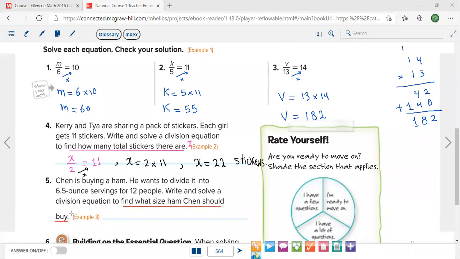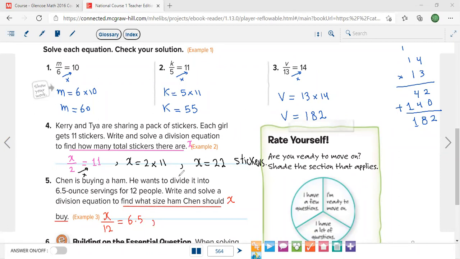This is our variable, so let me say x. So if he divides the x by the 12 people, it should be 6.5 ounces for everyone.